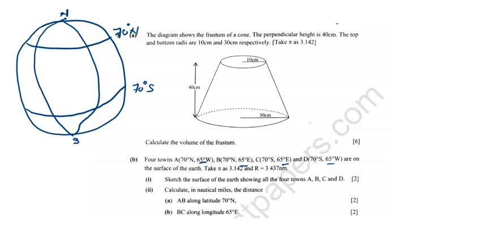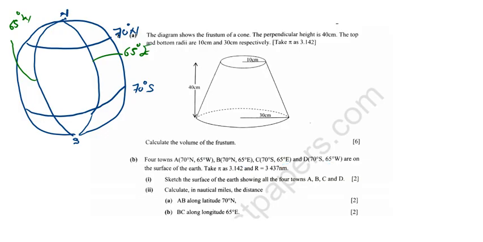So those are the two longitudes. So this one is my 65 degrees west, and this one will be my 65 degrees east, like that. So for sketching, that's it.